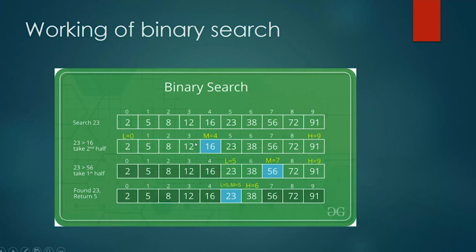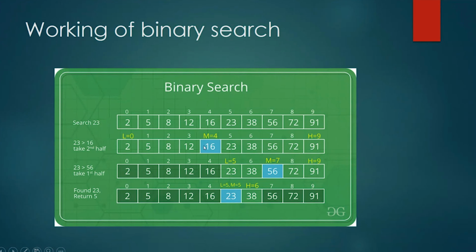When we compare 23 and 16, we find that 16 is less than 23. What does it indicate? It indicates that all the elements to the left of 16 will always be less than or equal to 16, because our data is already sorted.